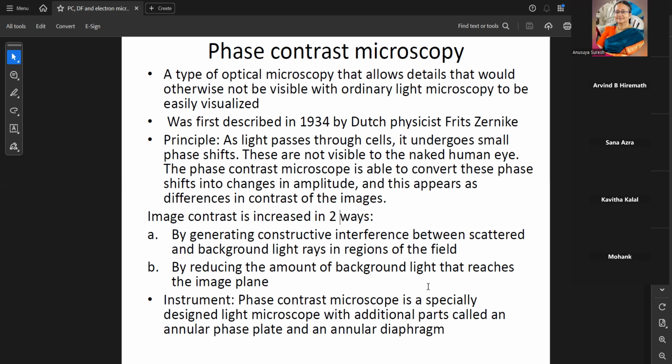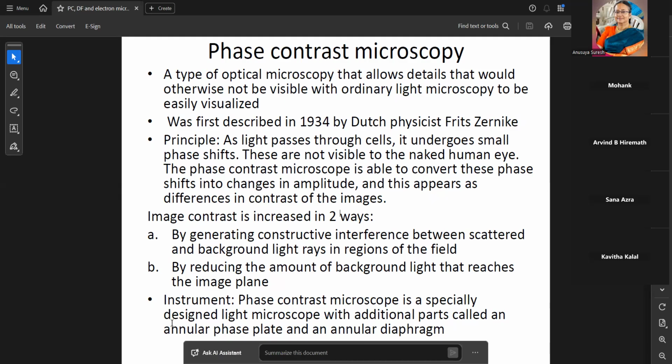So the first way to increase the contrast is by generating constructive interference between the scattered and background rays in the region of the field. And the second is by reducing the amount of background light which reaches the image plane. So some microscopes use method A and some microscopes use method B. In this instrument which we are using, it is just the normal light microscope itself, but there is an extra part attached there.